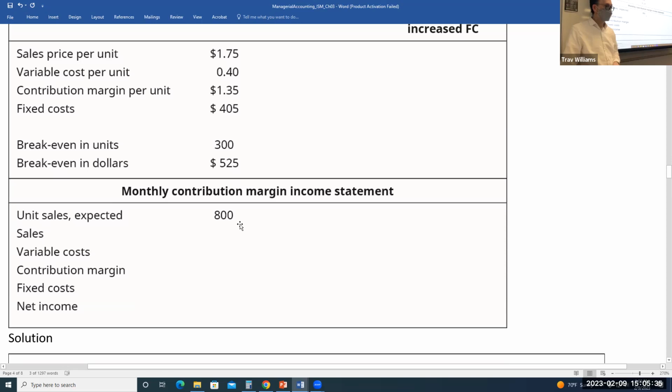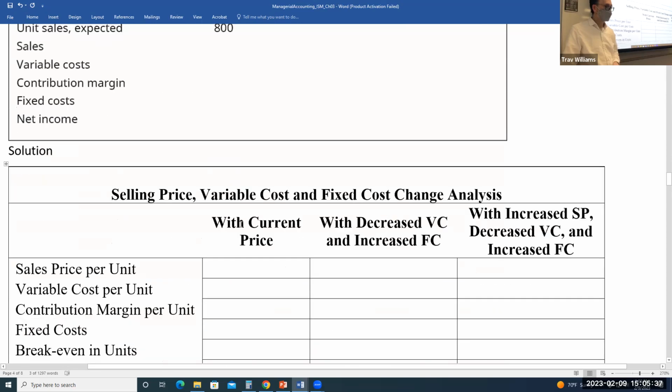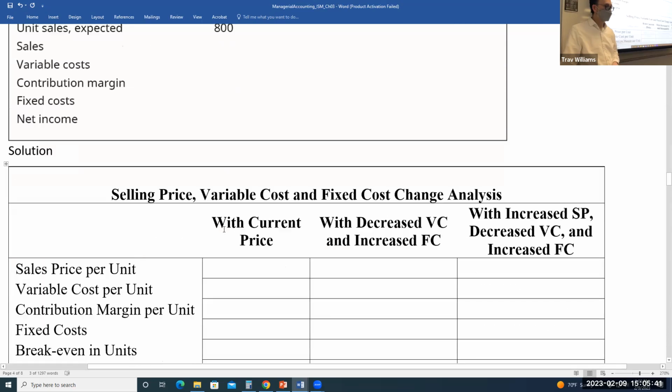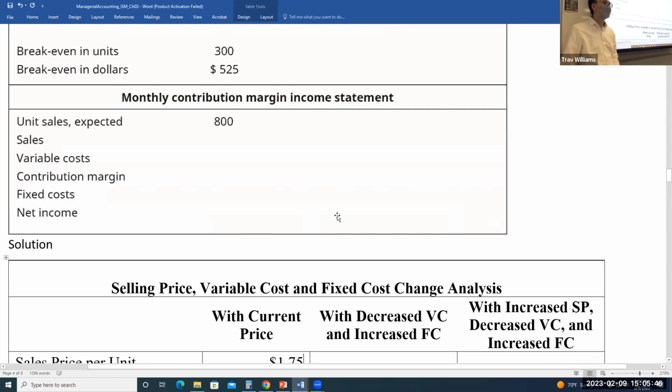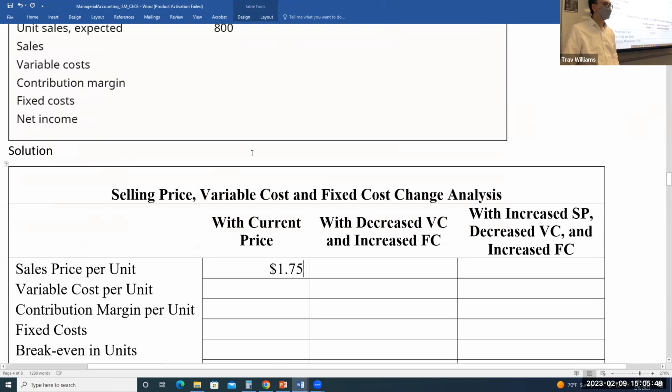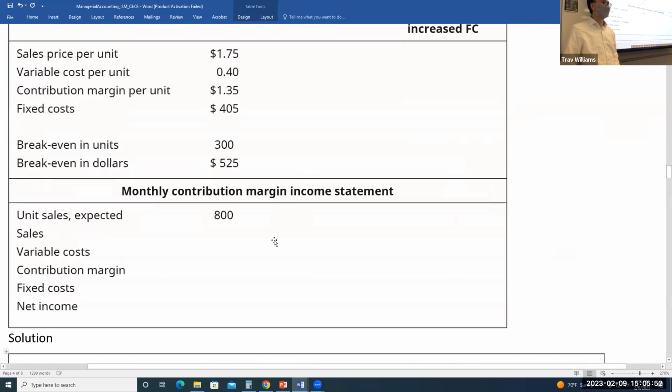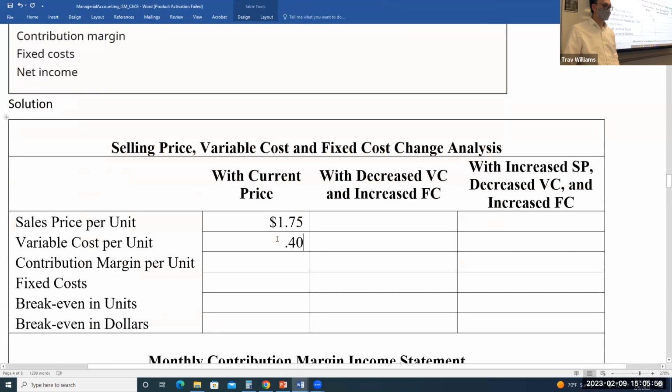Here are the raw data we have to work with. I'm going to start by just copying this down. So we have $1.75 is the current sales price. We have 40 cents, the variable cost per unit, $1.35 contribution margin per unit.